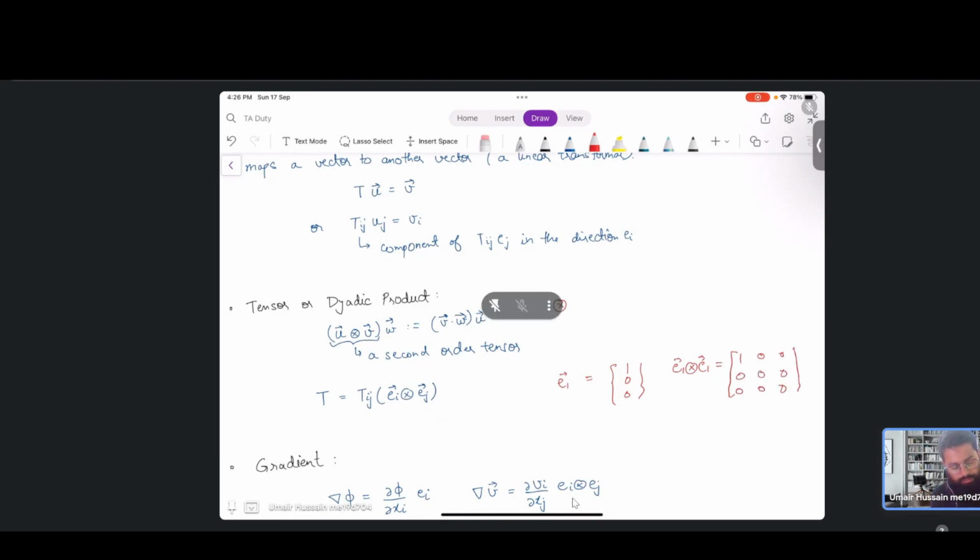So this basis would represent the T11 component of this matrix. You can write it as T11 times E1 direct product with E1. This is the first component. Likewise, we can have more components in this way.